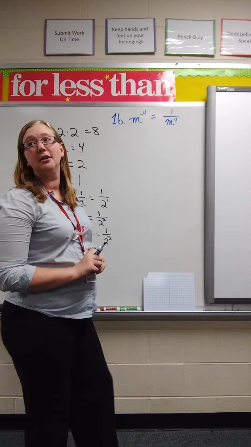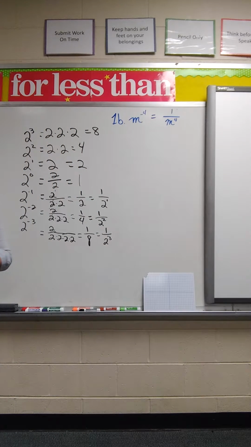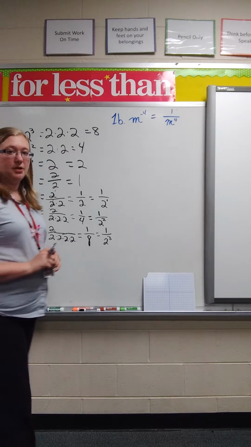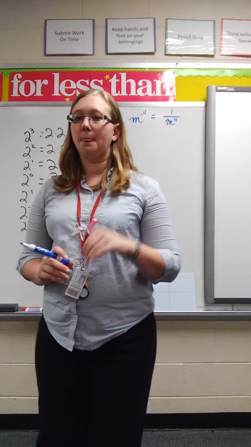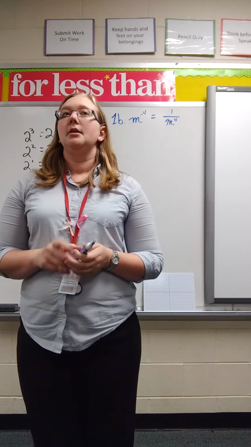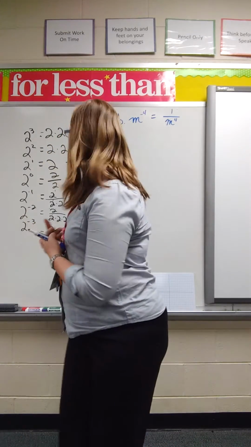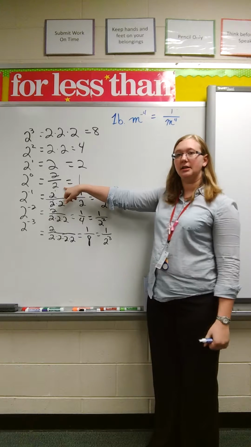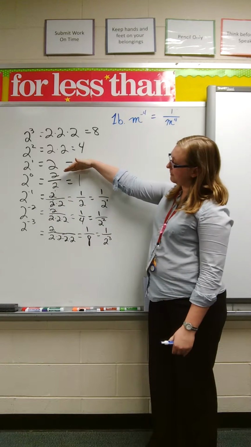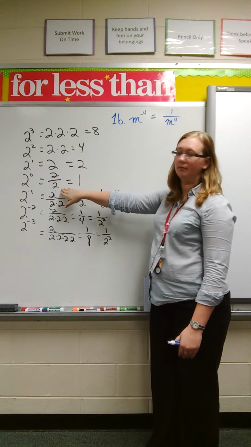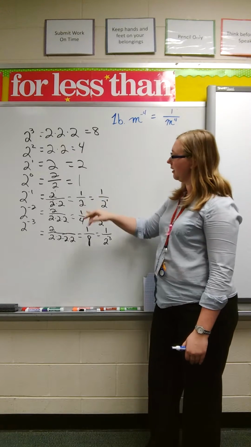Why is 1 always the numerator? 1 is going to be the numerator because, if we look over here, when we got to the 0 power, we took the base divided by itself. That equals 1. Okay?